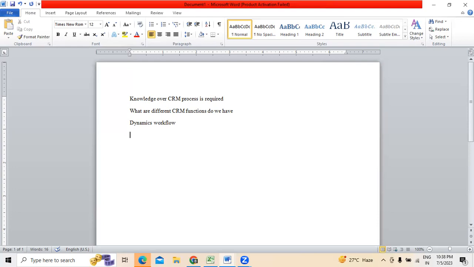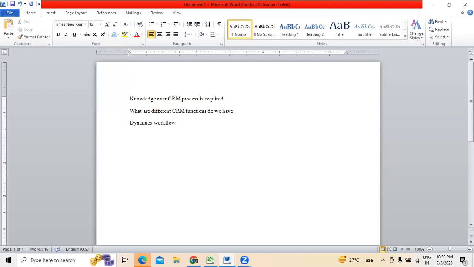How to create those workflows, that part I have shown you. Whichever project we are working on, one should normally have knowledge over the workflow process. So that is also required, as was told in the earlier sessions.